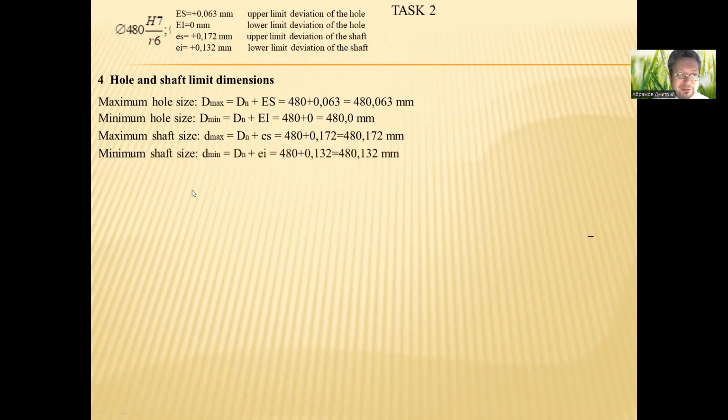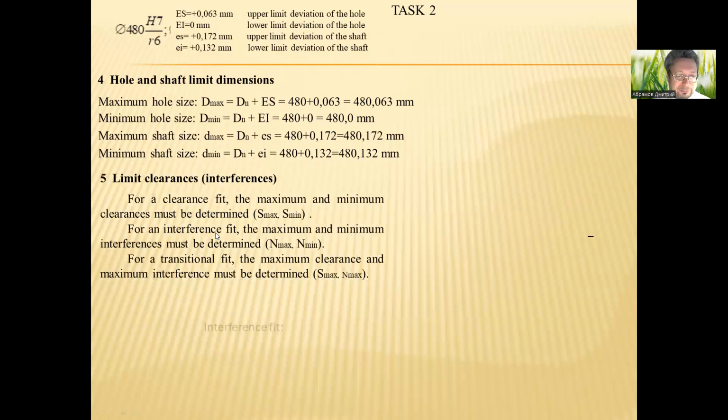Minimum shaft size, small d minimum, is nominal diameter plus lower limit deviation of the shaft. 480 plus 0.132, and we have 480.132 millimeters. Limit clearances or interferences.